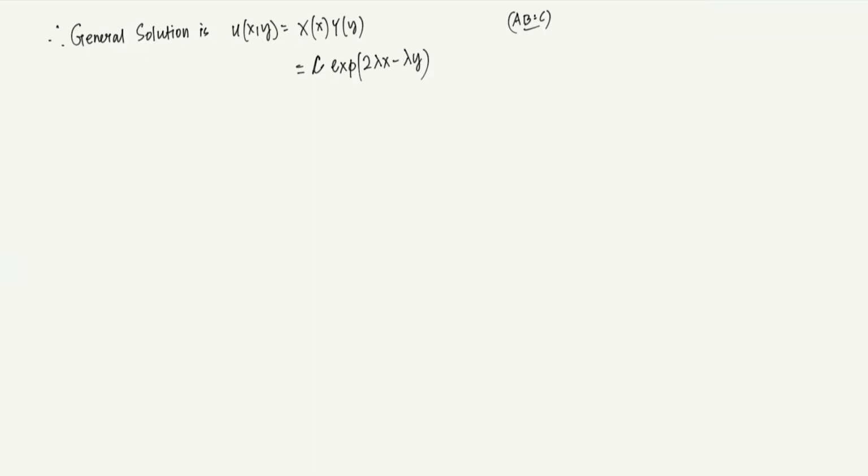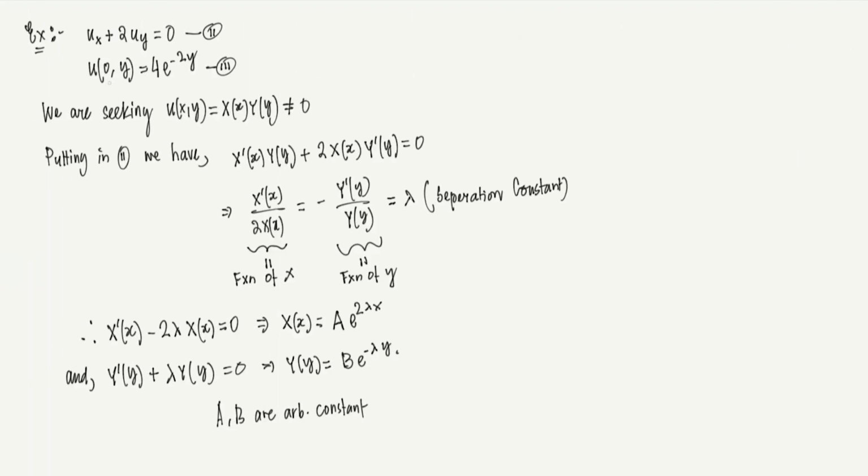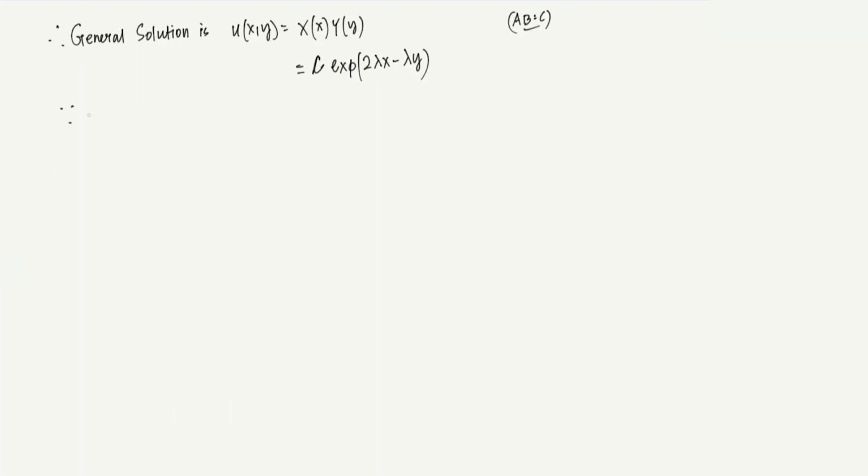Now we have this initial data. u at the point (0, y) is 4 exponential minus 2y, and that is equal to c exponential minus lambda y from here. So that will imply that c equals 4 and lambda equals 2 is the only such solution.